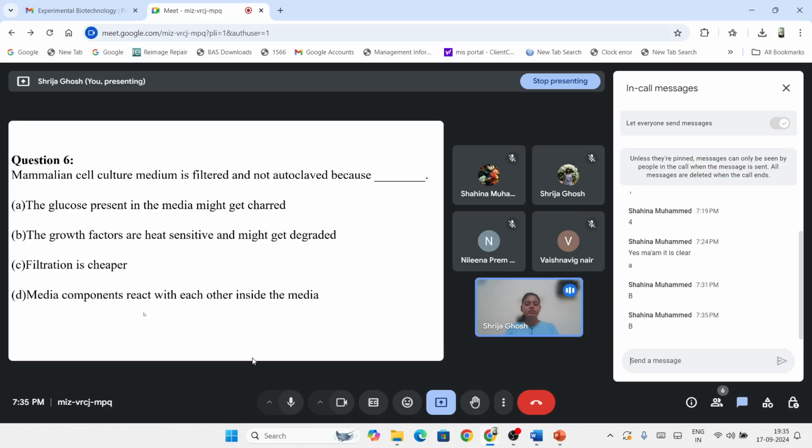Come on, take a guess. If you don't know the answer, I'm anyway going to explain the answer. Why do you think mammalian cell culture medium is not autoclaved and it is filtered?